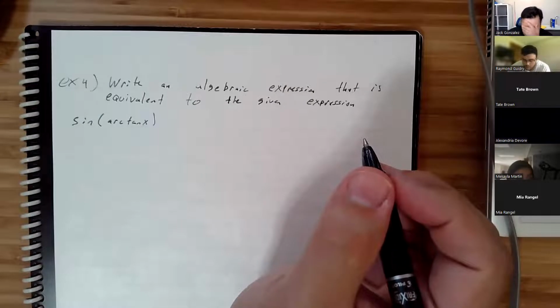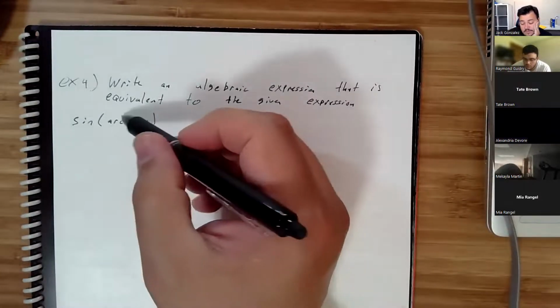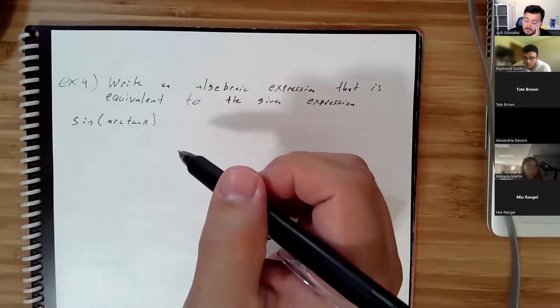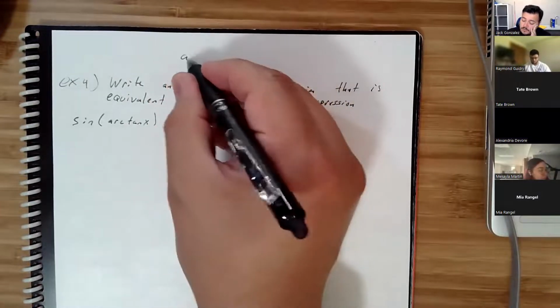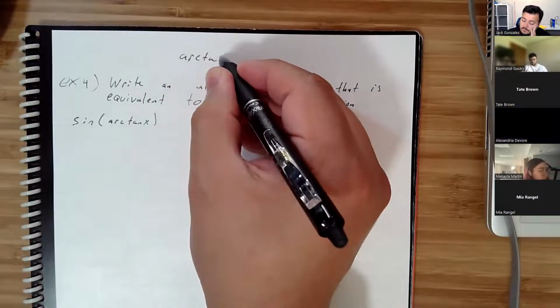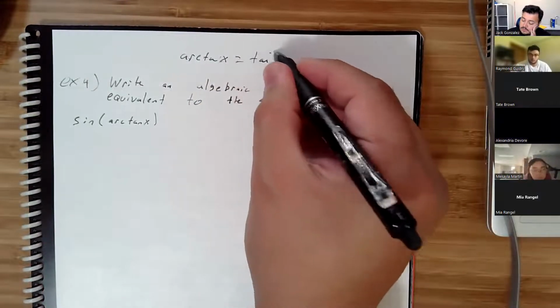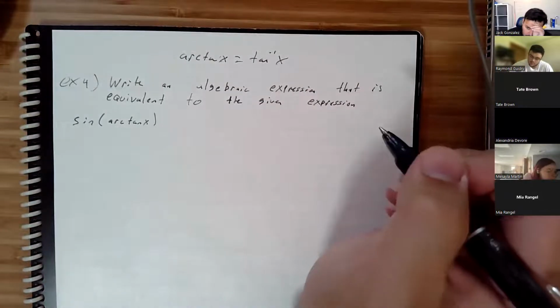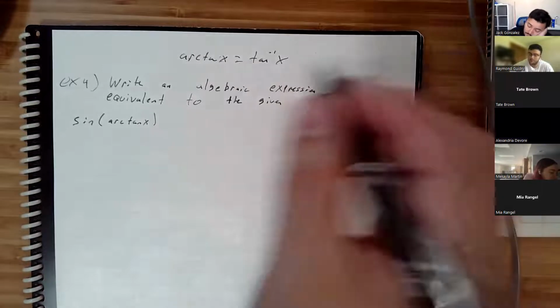Okay. So what I want you to do is treat this as some angle, the inside part. Again, don't forget, arctan x means tangent inverse x. Same thing. Okay.